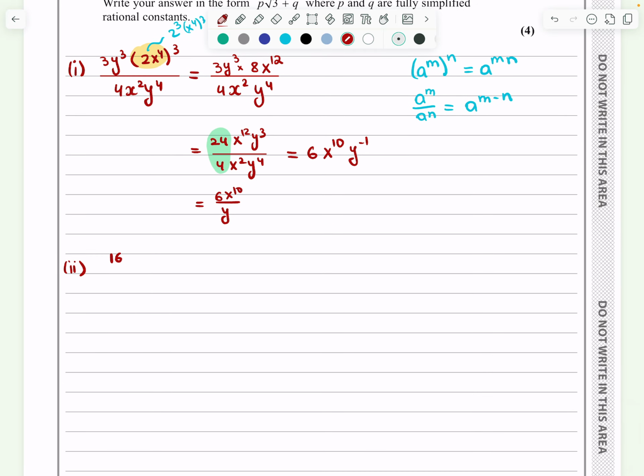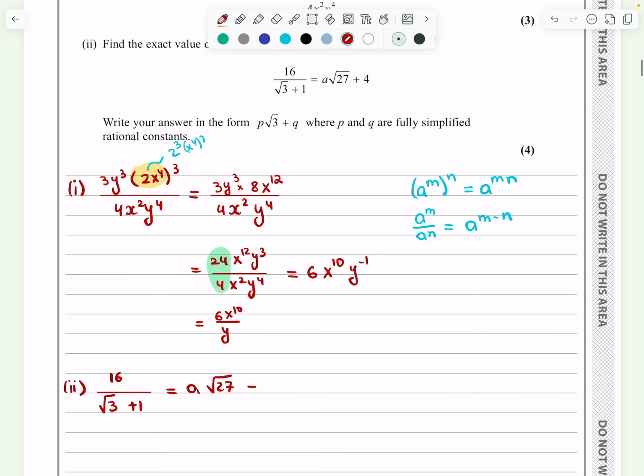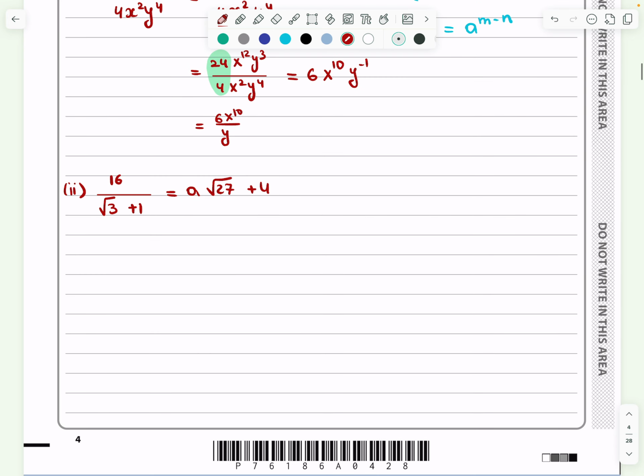When we see this, what comes to our mind first is to cross multiply, because there is nothing else we can do to simplify this. Okay, 16 is not.